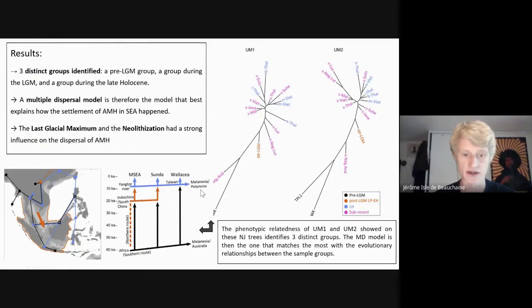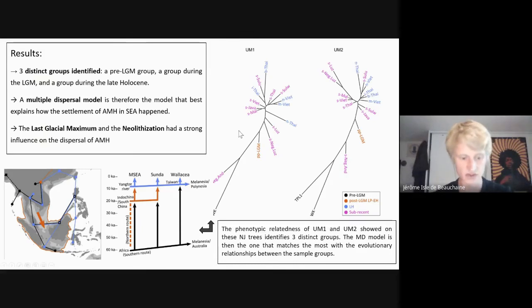As the result, we can see on the neighbor joining phenogram here the group evolutionary affinity based on the similarity of the molar crown shape. With the statistical analysis, they identified 3 distinct groups: a pre-Last Glacial Maximum group, a second group during the LGM, and a group during the late Holocene under the influence of the Neolithic process.